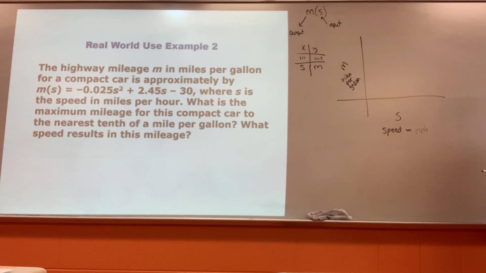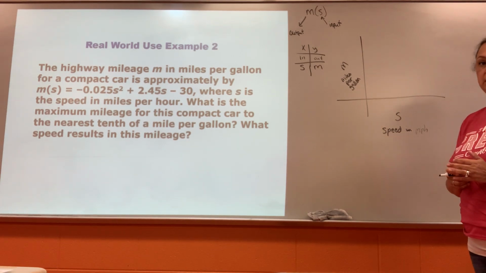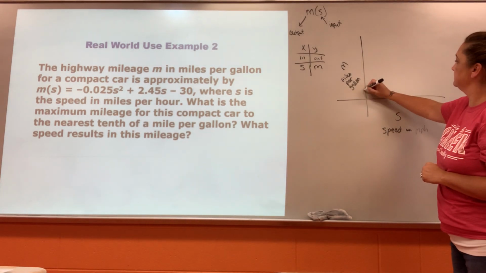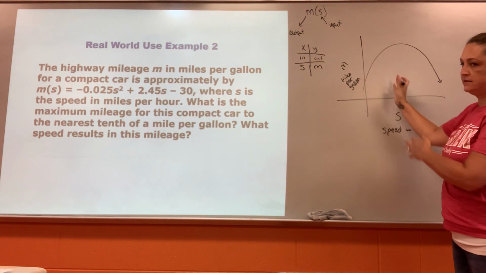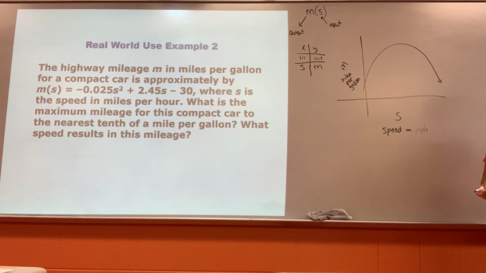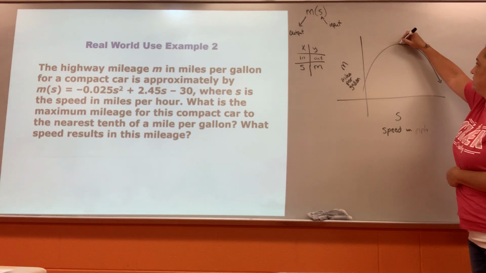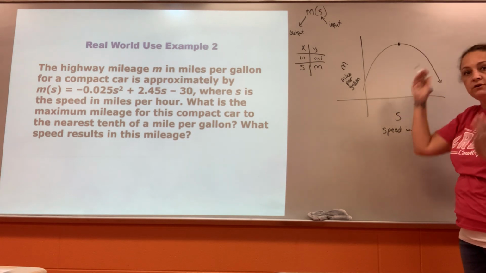And you're given a quadratic with a negative lead coefficient, so it's upside down. That is not to scale. It's asking you maximum mileage. Maximum is at a vertex. We know how to do a vertex.